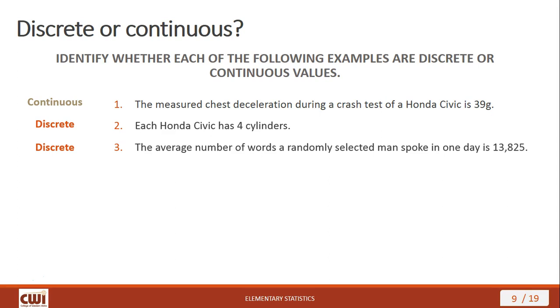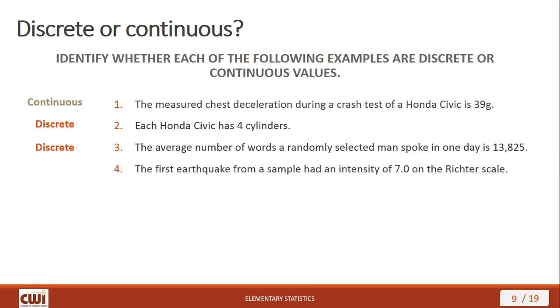Again, the average number, okay? That's what you're describing here. Don't look at what you're calculating. Look at what you actually have. So, we're looking at words. Words are counted. You either have a whole word or you're not going to count a partial word. So, because you're only counting whole words, this is an example of discrete data.